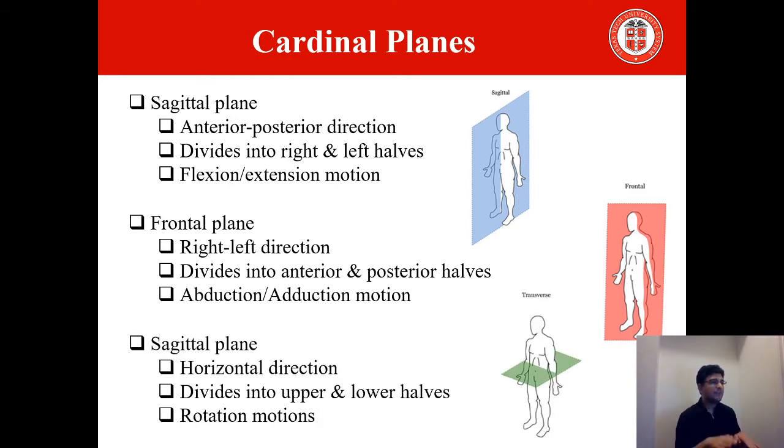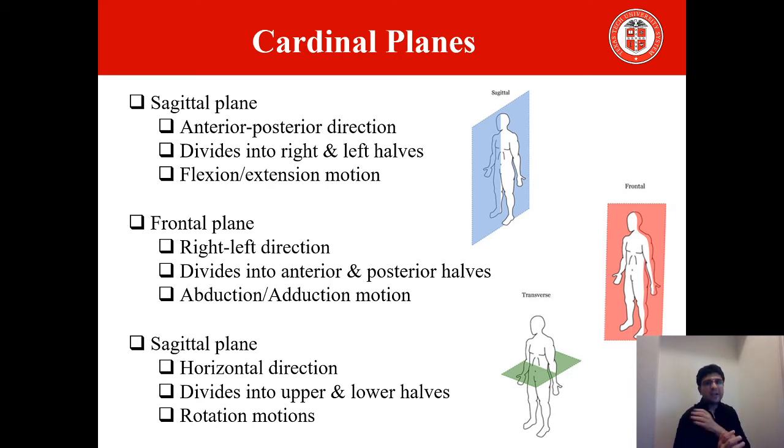You can have movements at the transverse plane as well. Sorry, it's written incorrectly. This shouldn't be the sagittal one. It should be the transverse one. So it divides the body into an upper half and a lower half. And all kinds of rotation movements are taking place at the transverse plane.